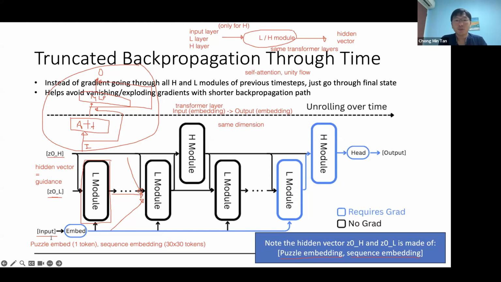The input and output embeddings are the same dimension, but how many tokens do they output? Guess what? They output puzzle embed plus sequence embed.